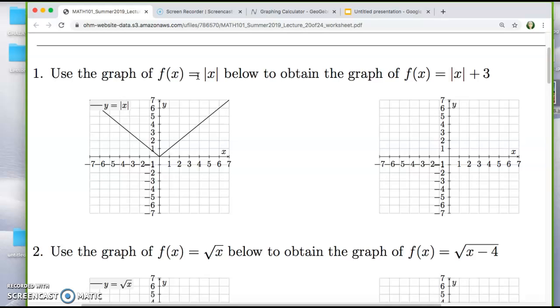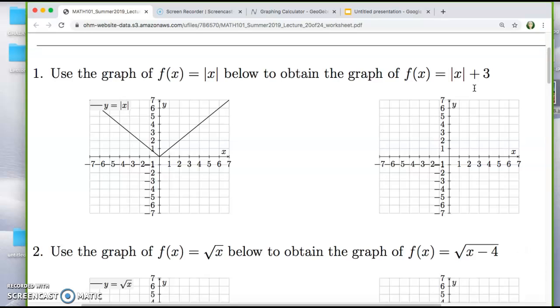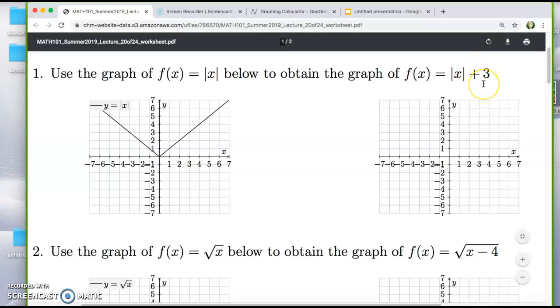That indicates that you have absolute value. So this is the original graph of the absolute value of x, and they want us to transform it. Let's see what happened here. All they did was add a 3 to the absolute value of x. They added a constant to the outside of the absolute value of x.